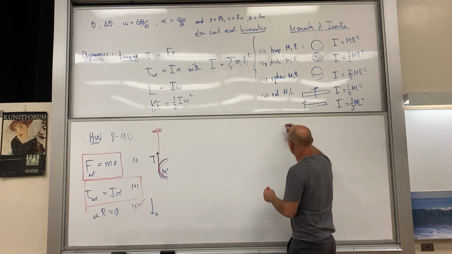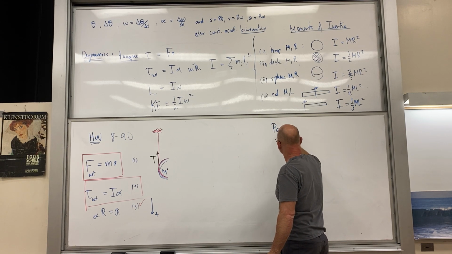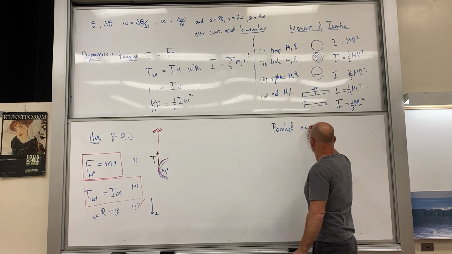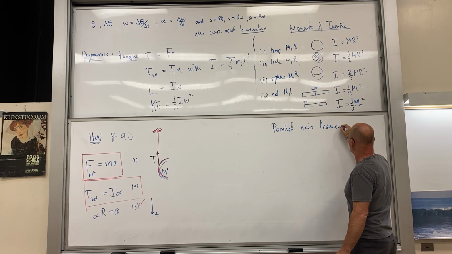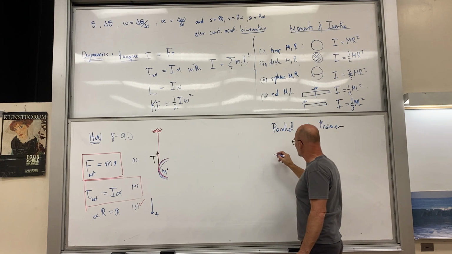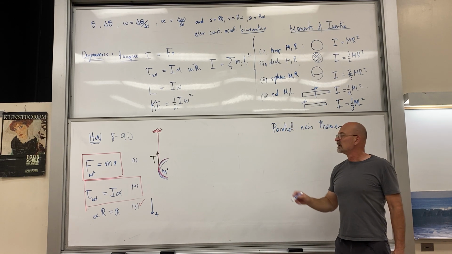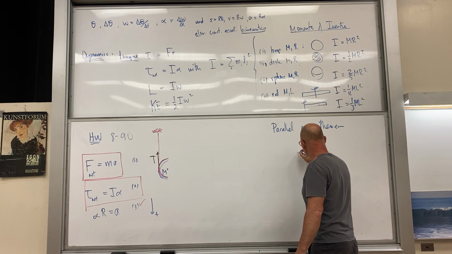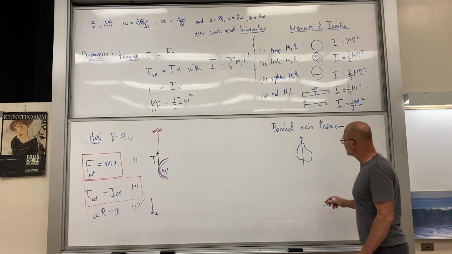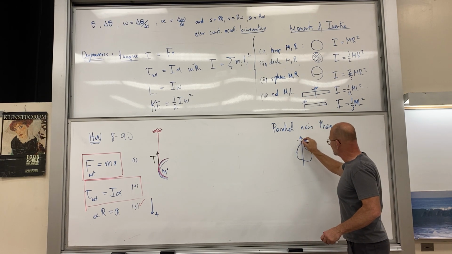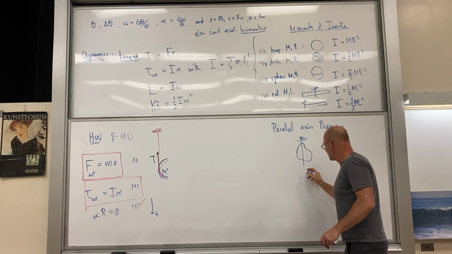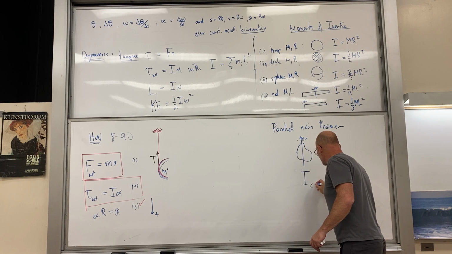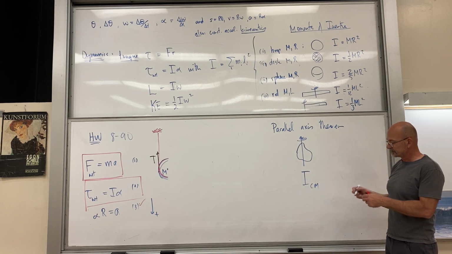So this is still the topic of moments of inertia. It's called the parallel axis theorem. And what it says is this: suppose you have an object. We're going to do it this way. So here's an object, and there's an axis, and we're going to imagine if we rotate about the axis there, that's the moment of inertia with respect to the center of mass.